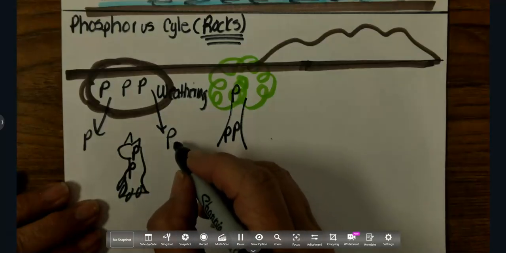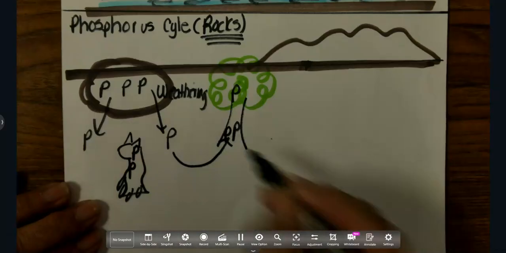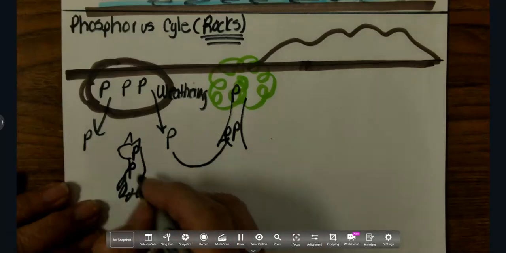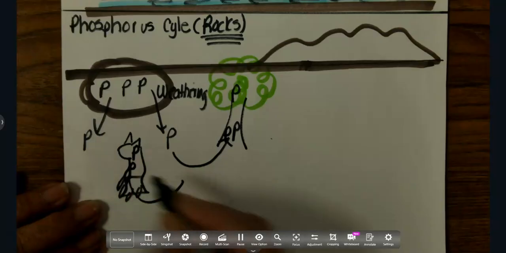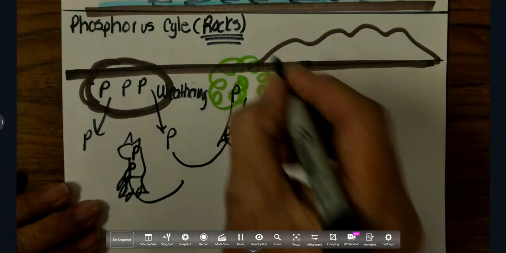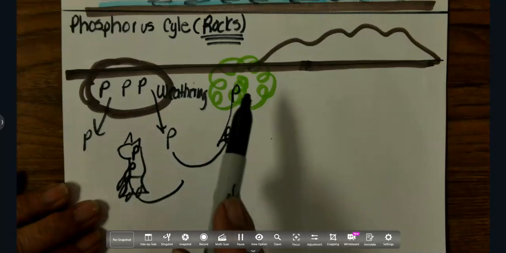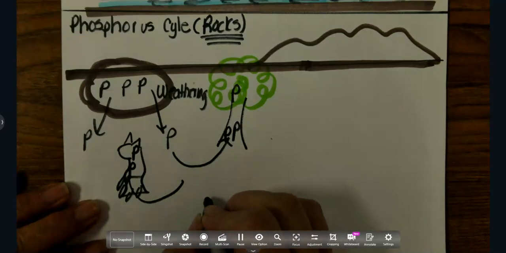And for example, this can then be absorbed into a tree or a plant of some sort. And then the animal eats the plant or the tree, and phosphorus ends up in that animal. We can eat that animal, and then we get the phosphorus. So we can start with phosphorus in the environment, going into the producers, and then going into other living things.